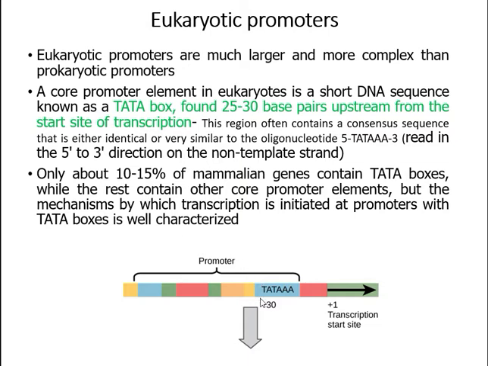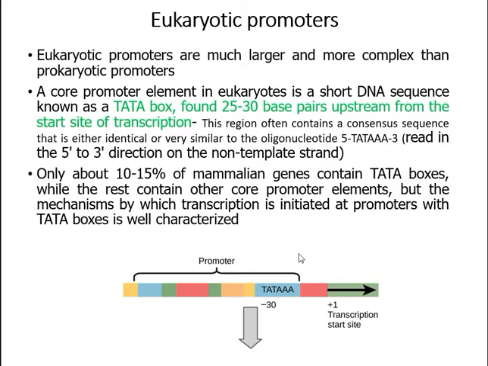and this is the most extensively studied promoter. Actually, only 10 to 15% of mammalian genes contain TATA boxes, while the other genes contain other core promoter elements, but it is the TATA box that has been well studied and characterized. That is why we are focusing on it.